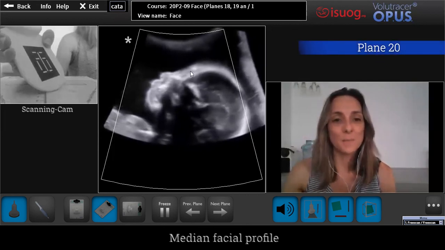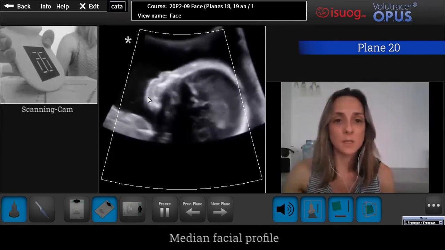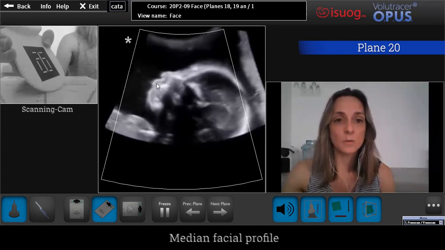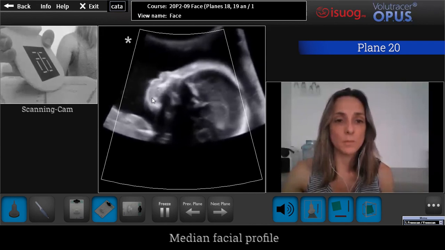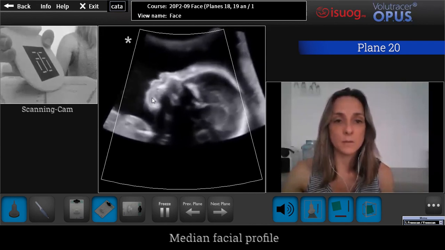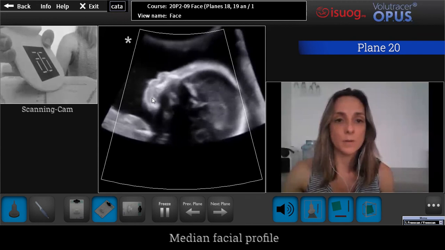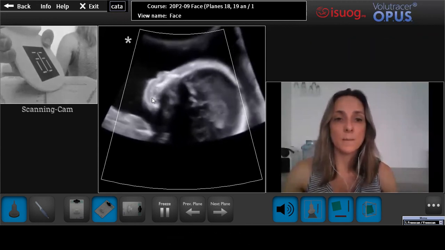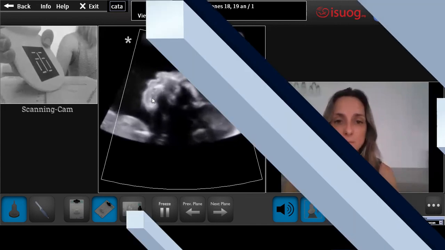So you can see here the forehead, the nose, the lips, and the chin. And in this case, you can rule out frontal bossing, for example. You can rule out signs of cleft lip, for example, or micro-retrognathia with this normal facial profile. So with this, we finish checking the face of the baby.